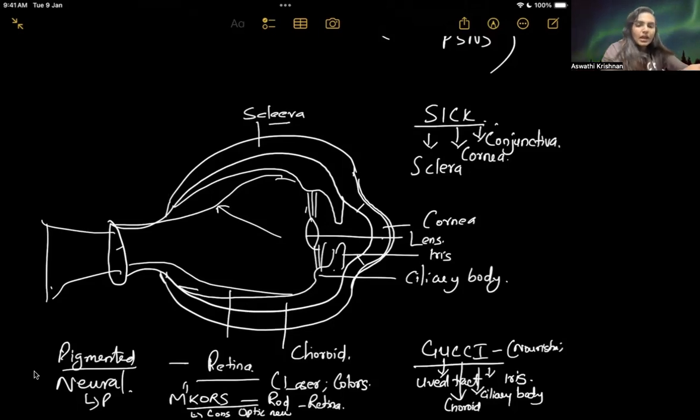It has a capsule. And it is held by ciliary muscles. It will expand, like swell up while contracting, and when the ciliary muscles relax, it will loosen up for adjusting for the near vision and the far vision. So that's a little bit about the lens.